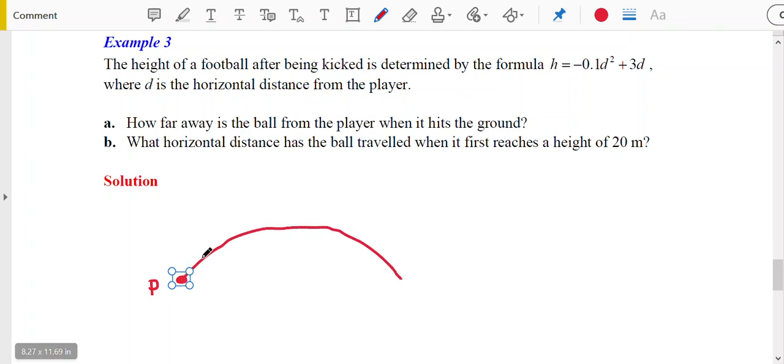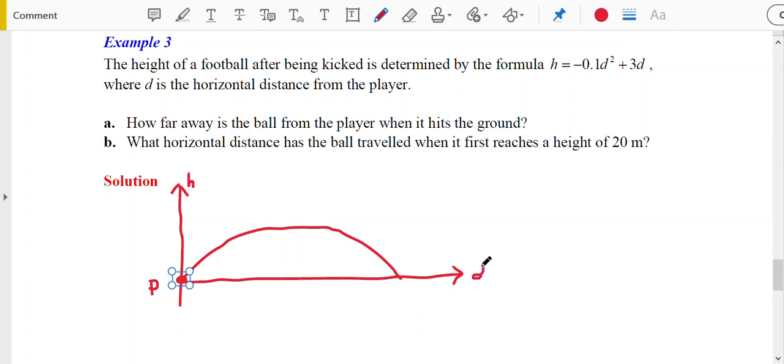The ball goes up, up, up, up, up, and then it'll eventually come back down and hit the ground over here. And it reaches a certain height. So I'm almost going to draw like an axis here, h, and across here is the distance. So the football goes up and then it will eventually come back down to the ground.